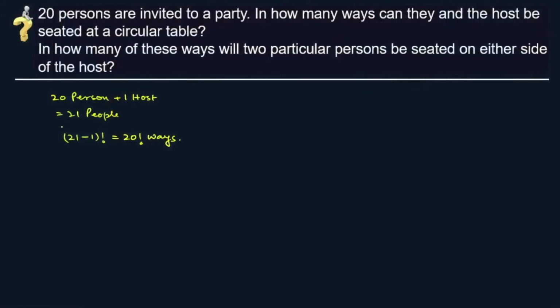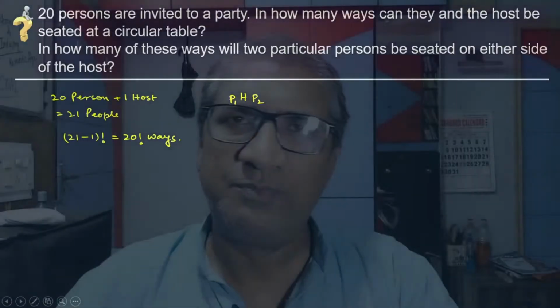The second question says, in how many of these ways will 2 particular persons be seated on either side of the host? That is, your host is here and 2 particular persons are there. Let us say P1 and P2. These 2 people will always sit on either side of the host. So in how many different ways can we arrange those people on the circular table?